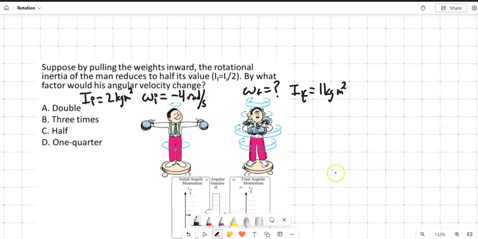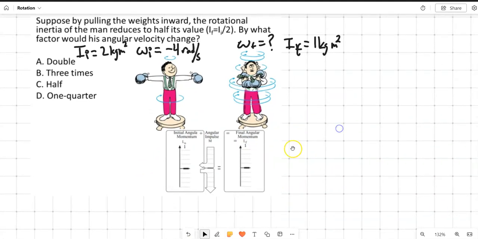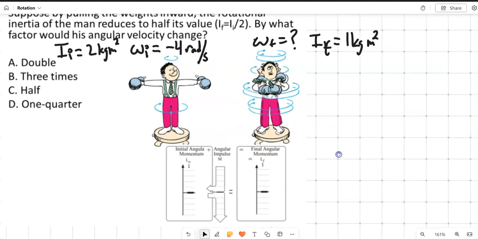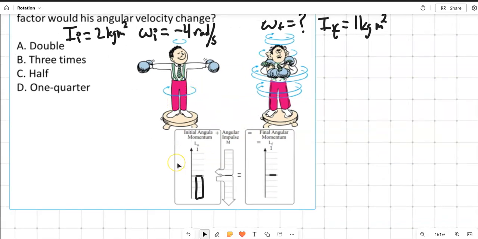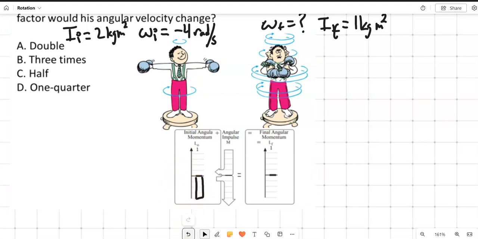Okay. Well, here's a momentum bar chart for an angular momentum case. Let's say that they have 4 boxes of angular momentum, and this would be in the negative direction, because they're spinning clockwise, which is going to be a negative omega, and so that'll be a negative angular momentum.